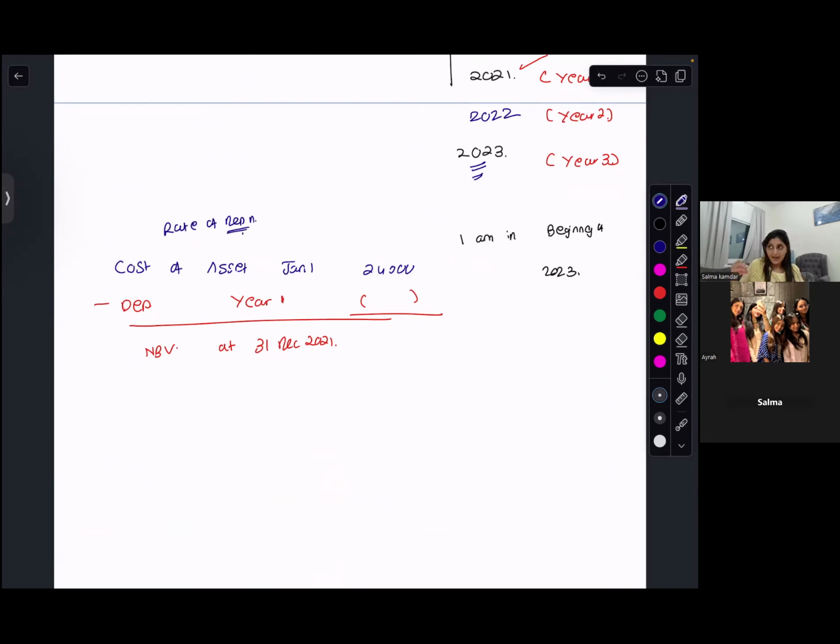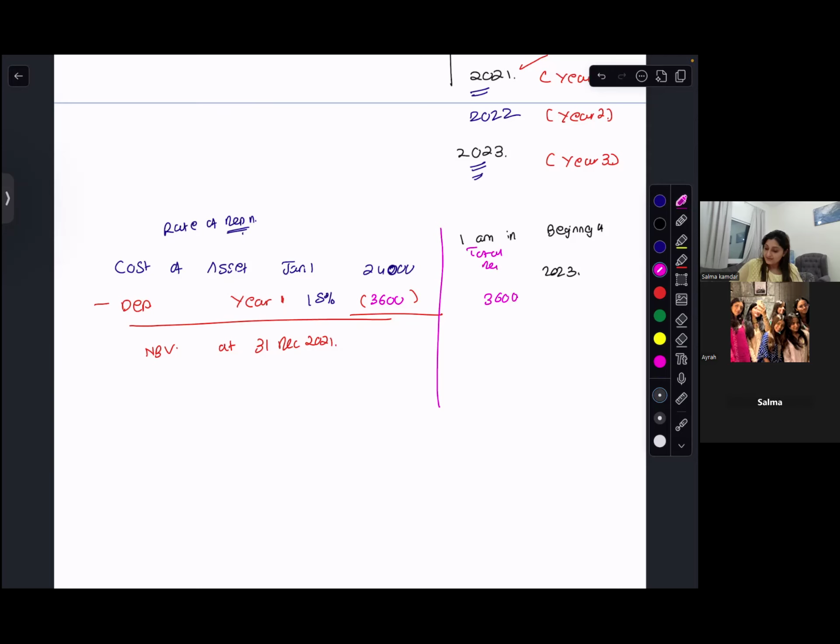I am now looking at the impairment part. The cost of the asset that was impaired was purchased on Jan 1, 2021, at 15% depreciation. So 24,000 into 15% is 3,600. The total depreciation I will keep on adding over here.